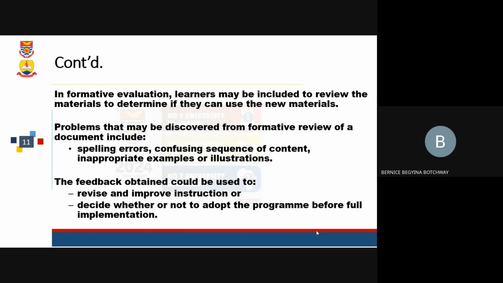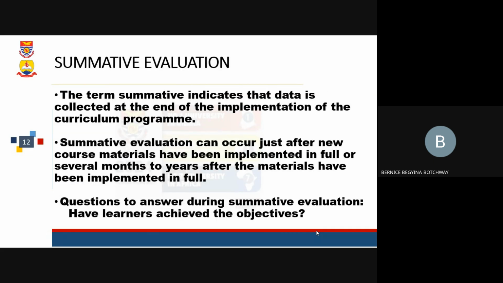The feedback they gain from the students, from teachers, from headmasters, from the community, will be used to revise and improve instruction. And also it can be used to decide whether or not to adopt the program before full implementation. So that's the formative evaluation.